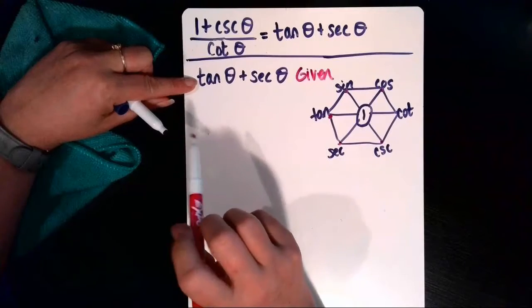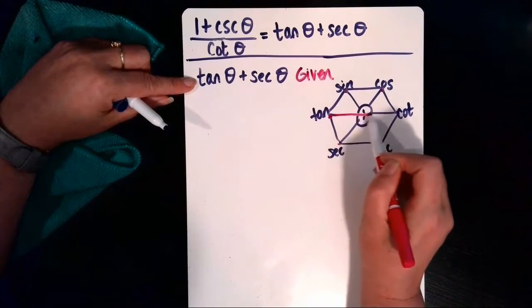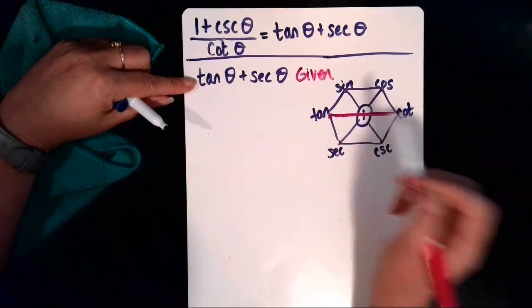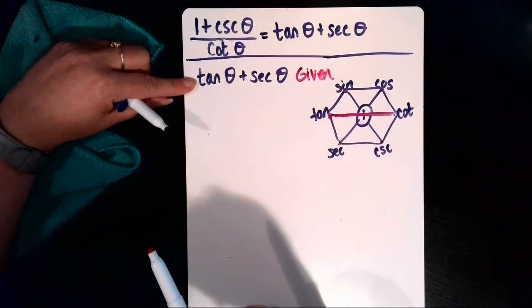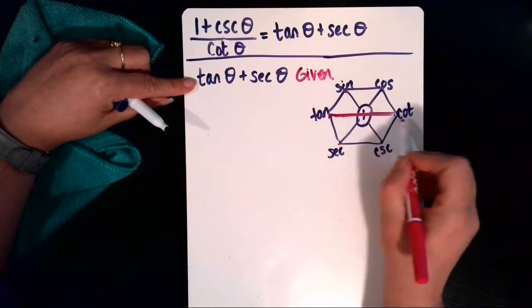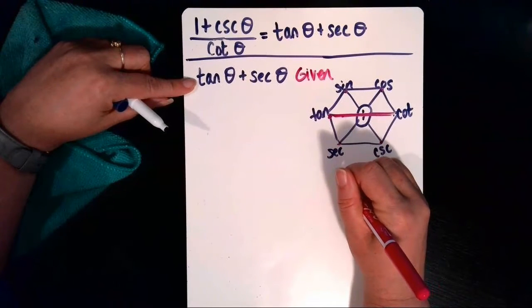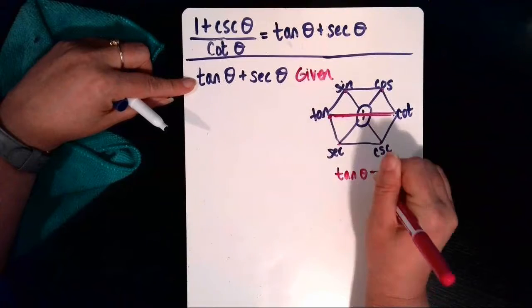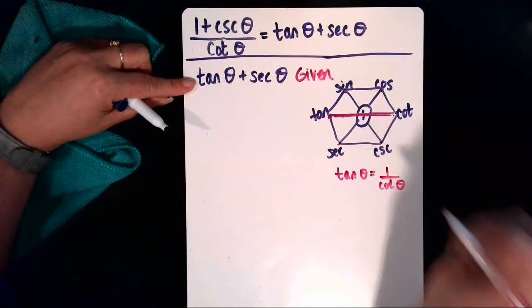So instead, why don't we look at the relationship across these diagonals where we see that tangent is the reciprocal of cotangent. So that would not be a quotient identity, it would be a reciprocal identity, where we could rewrite tangent of theta as 1 over the cotangent of theta.